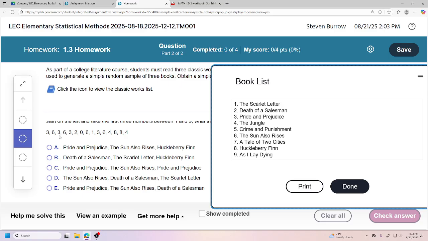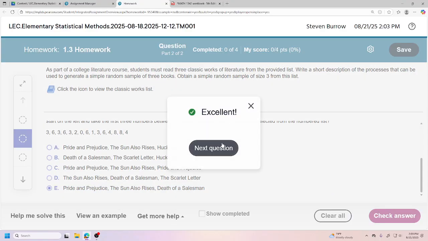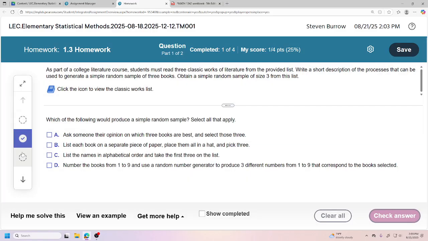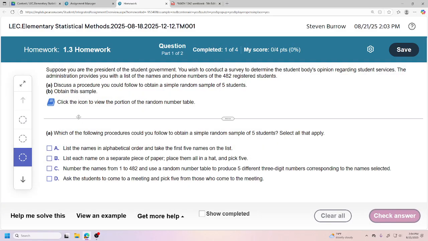Can I do that? Can I pick it twice? Okay, yeah, so I can't do that. 6 again? 3 again? What's the next one then? So, pride, sun, death. That sounds kind of eerie. Okay. I guess that's just how it is there. Is that okay? I'm going to keep moving.